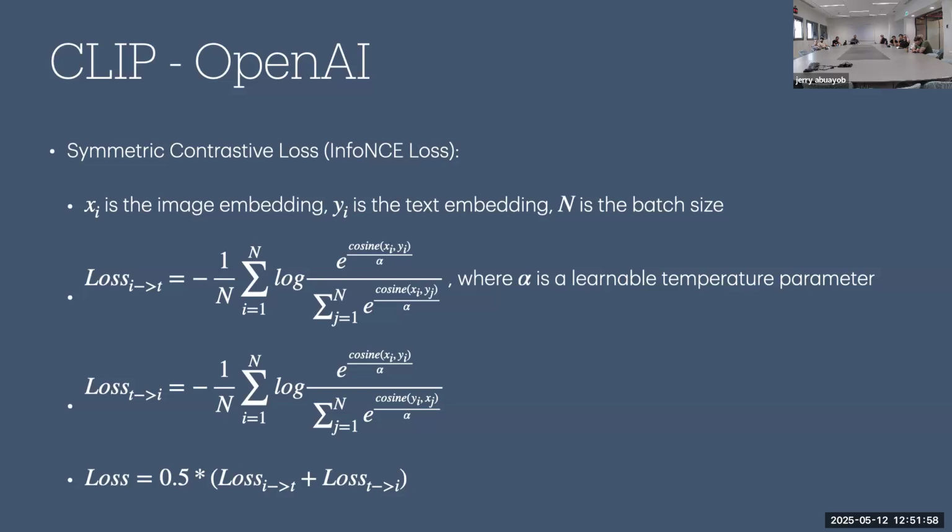Inside the log, we have just the softmax of the similarity distances. And because we have different perspectives, the distribution is different from the text point of view and the image point of view. We sum those two losses and we divide by 2. Okay, so that's the loss function.